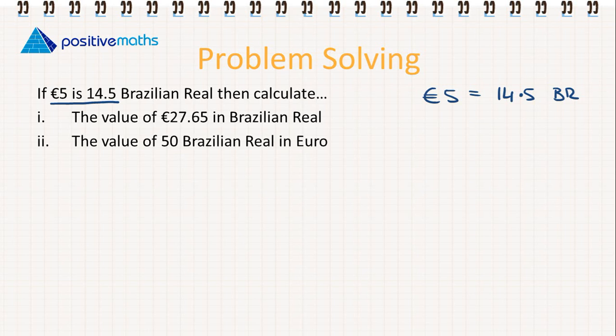The first thing that I'm going to do before I complete part 1 and part 2 is find the value of one of each. I'm going to find €1 first of all. €1 is going to be equal to 14.5 divided by 5 Brazilian real. So I get 2.9 for €1.